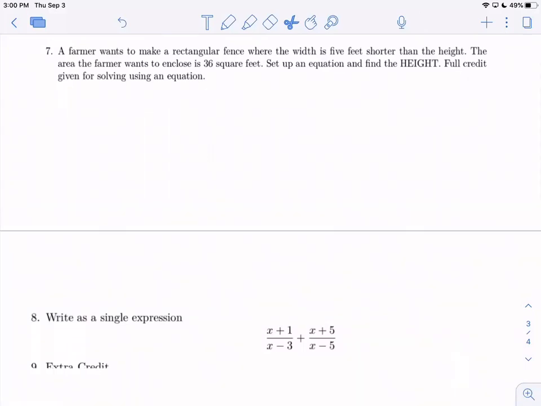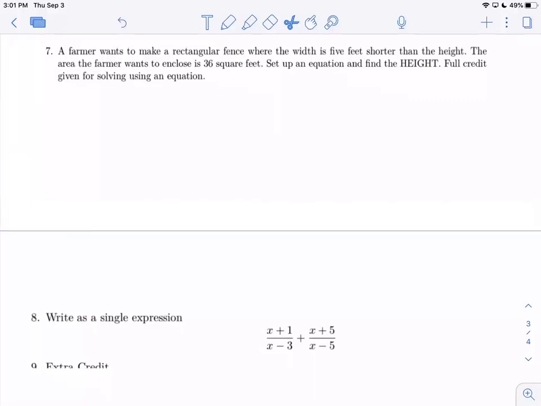Archer, nice equation. I like that. Yeah, you guys are giving me some great comments.